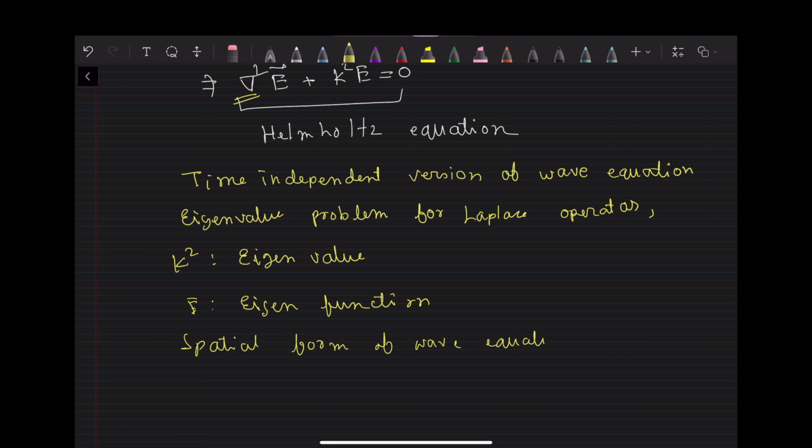I mean, we are not really looking into how it is changing with time, but we are looking into how, as you go from z equals 0 to z equals maybe 1 meter, it changes and everything. All of this can be found from these Helmholtz equations.